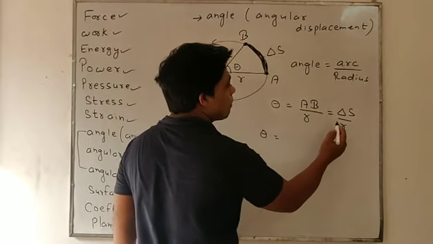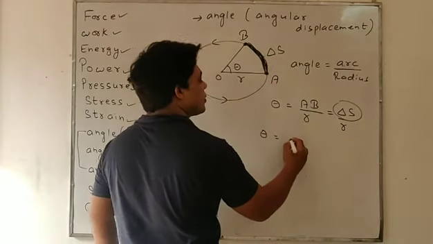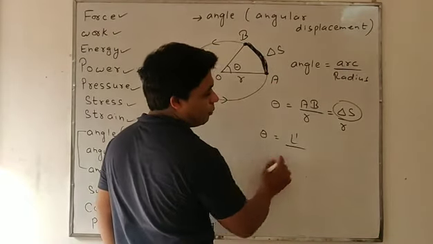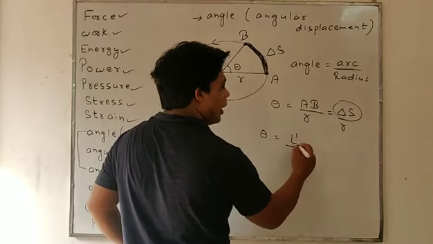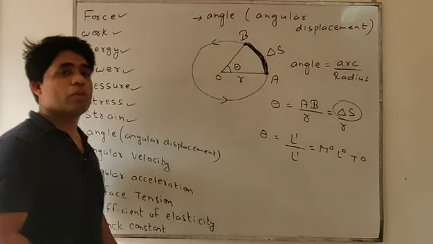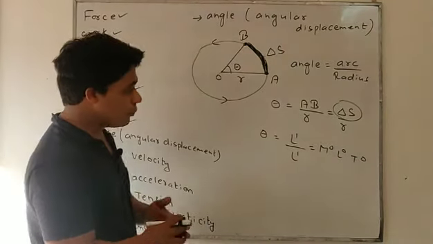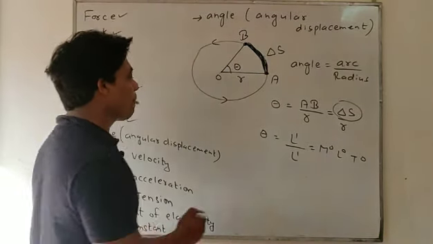Now students, simple thing. Arc is a type of distance, and distance is always represented by L. And r, the radius, is also a type of distance L. L squared will cancel out, so M0, L0, T0. That is a dimensionless physical quantity, M0, L0, T0.